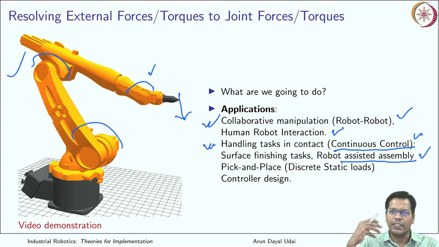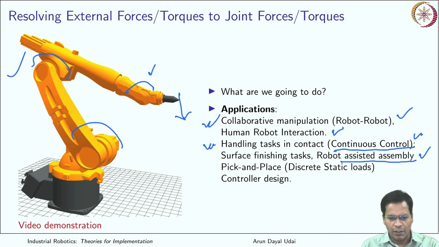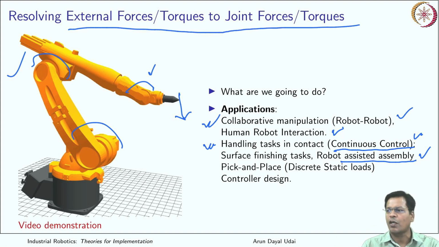You may need to generate some force in one direction, and some other force in another direction. That kind of controller is also there, and it also requires external forces and torques to be resolved to the joint torques. Pick and place, on the other hand, is a discrete static load that comes on the robot, and your robot has to take care of that.